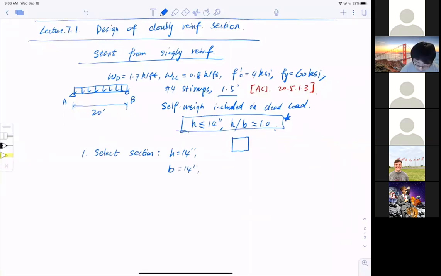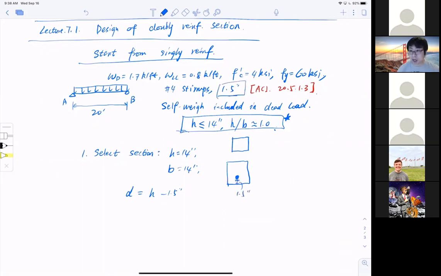First I want to get the depth. Depth d equals H minus the concrete cover. Remember I have a bar here, and the clear cover, this is the clear cover by the way, is 1.5 inch.